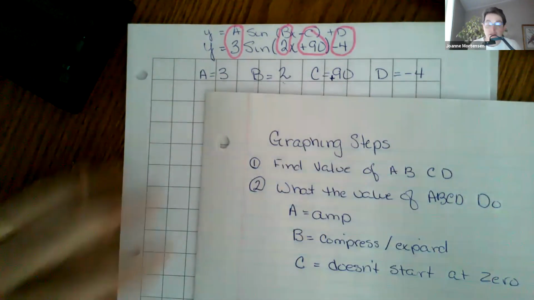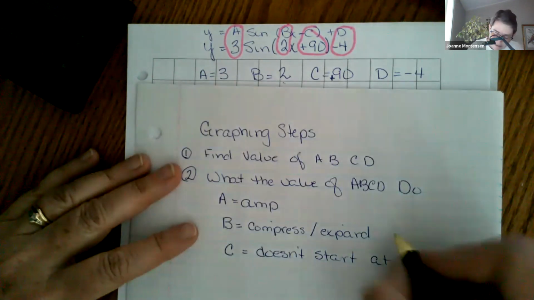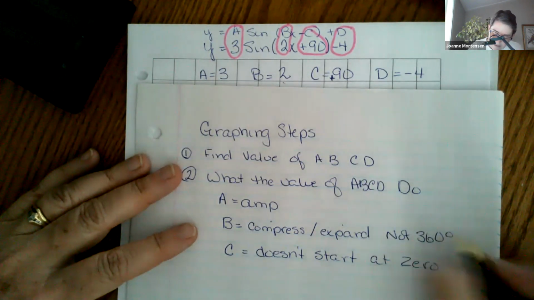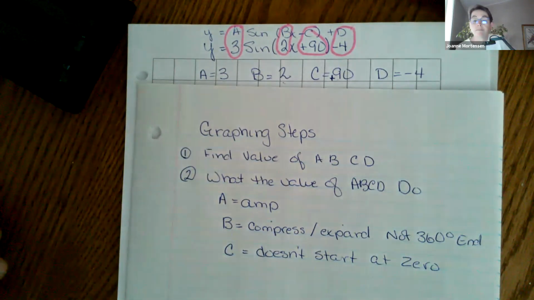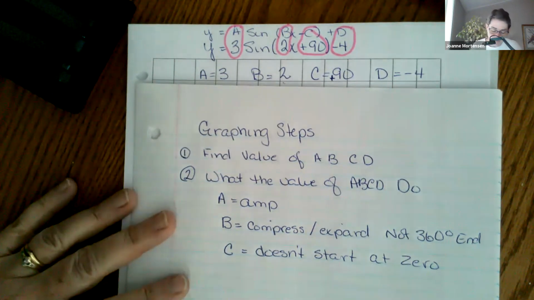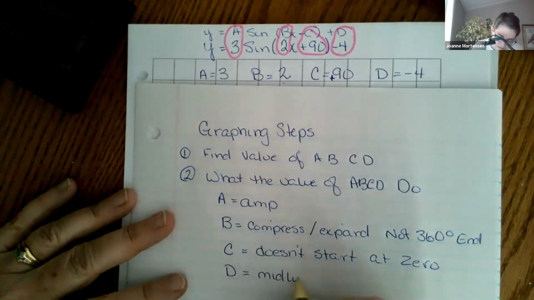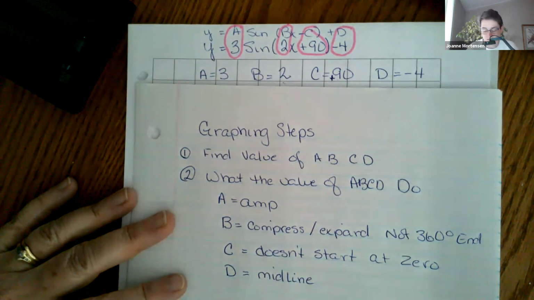So that's going to help me. Hey, you know what? Forget this one. Let's just go. It's not going to end at 360 anymore. Okay. And the D is your midline. And that's where we start.